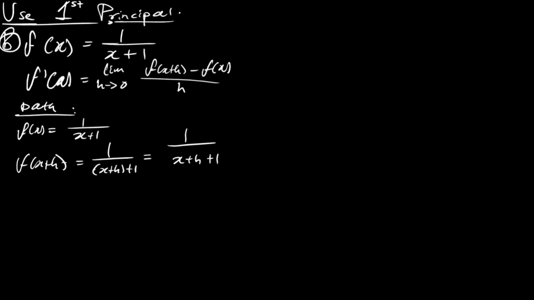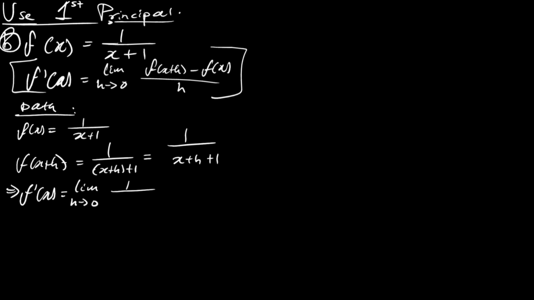After that, all we have to do is to plug back into the first principle equation. This implies that f prime of x is equal to the limit as h approaches 0 of f of x plus h, which is 1 over x plus h plus 1, minus f of x, which is 1 over x plus 1, over h.